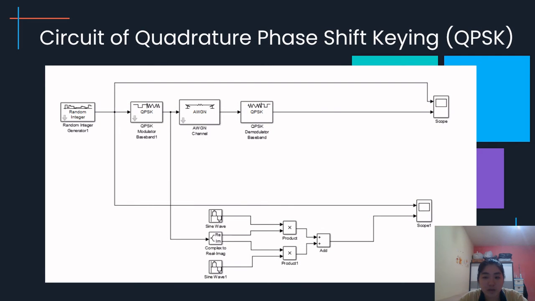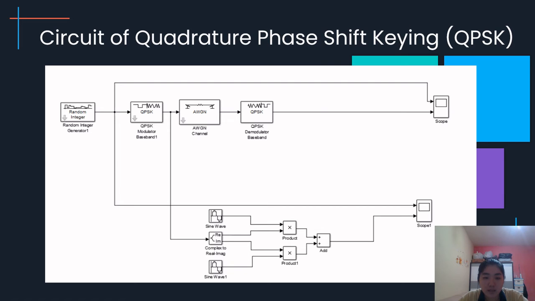Next, from our assignment, this is the circuit of quadrature phase shift keying that we built. This is the random integer generator, and this is the QPSK modulator. This is the AWGN channel, and this is the QPSK demodulator.